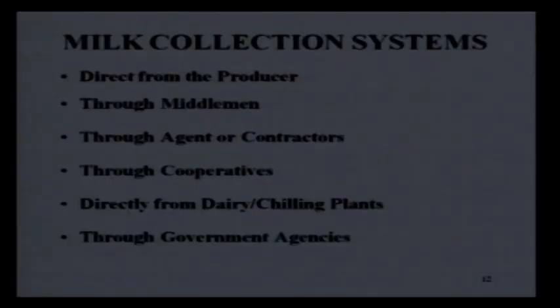Similarly, the next is through agents or contractors, because the milk shed area has to be very big within the vicinity of the dairy plant. If the plant is there, you have to identify the milk shed area in the east, west, north, south. So you can have contractors for the bigger operational level of managing things.